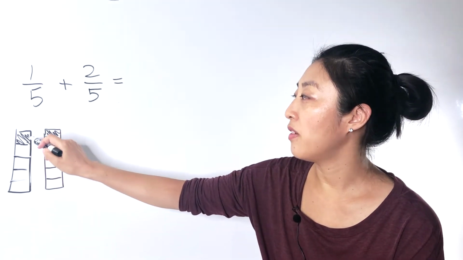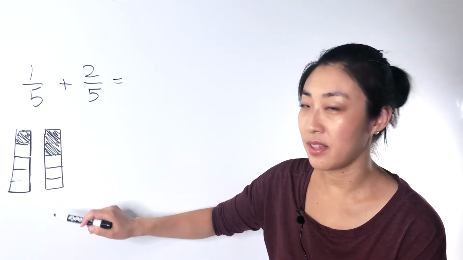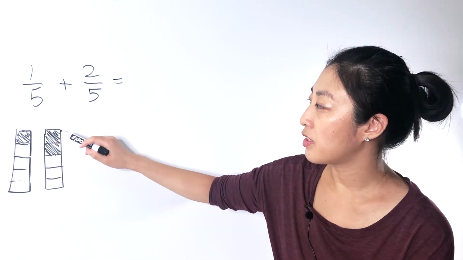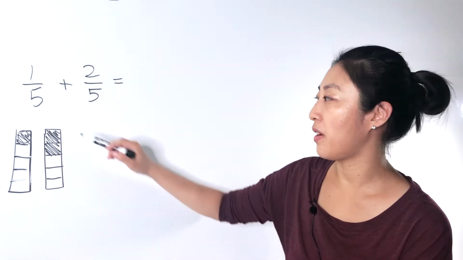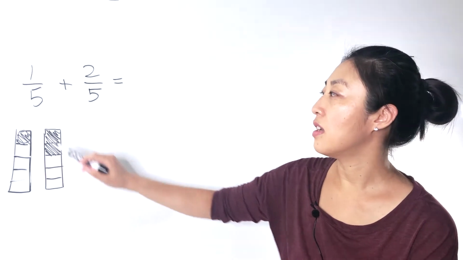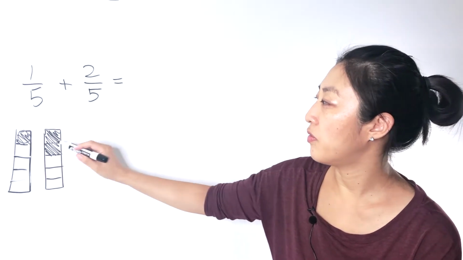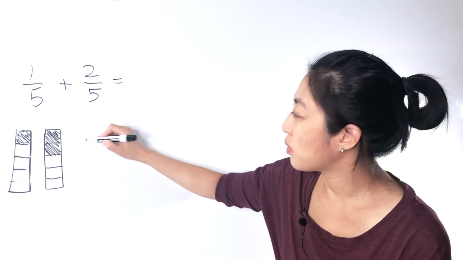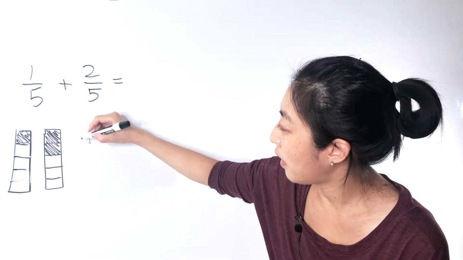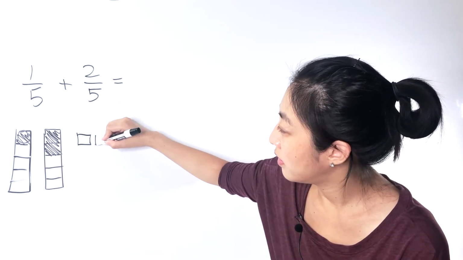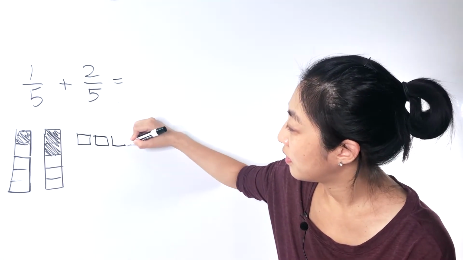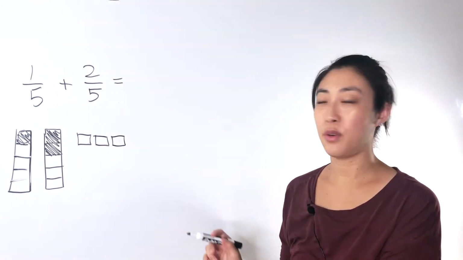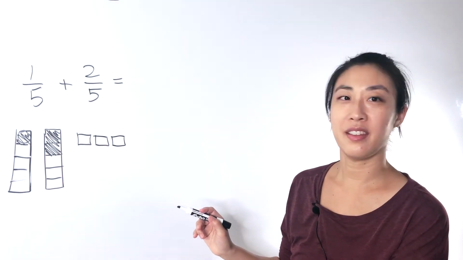So you have 1/5, 1 piece of this chocolate bar, plus 2 pieces of this chocolate bar that's broken up into 5 pieces. So 1/5 plus 2/5. If you add up those broken pieces, you have 1, 2, 3 broken pieces off.